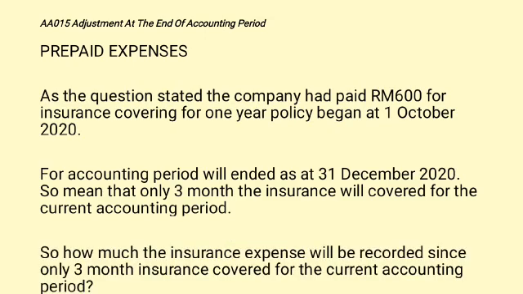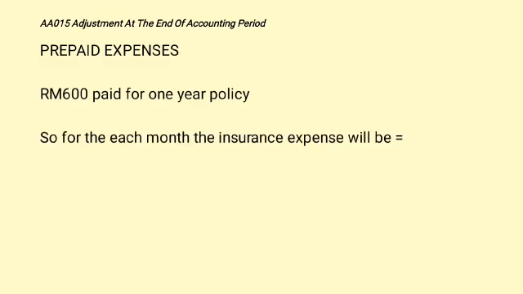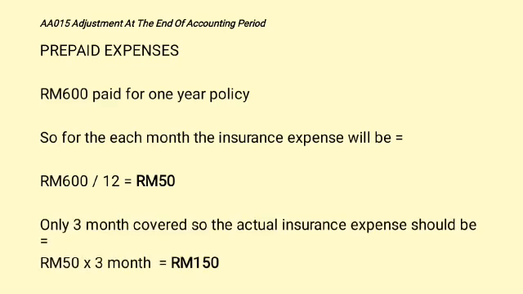So how much insurance expense will be recorded? The insurance policy for 1 year is RM600, so for each month, the insurance expense will be RM50. For the 3 months covered, the actual insurance expense should be RM150.